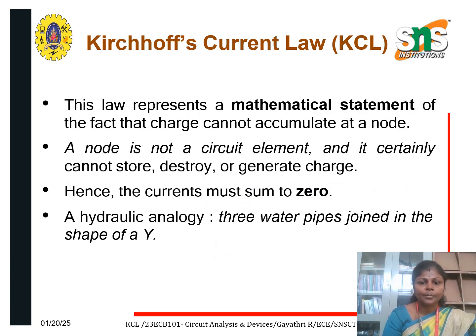This law is the mathematical statement of the fact that charge cannot accumulate at a node. The node is not a circuit element and it certainly cannot store, destroy or generate charge. Hence, the sum of currents is 0.